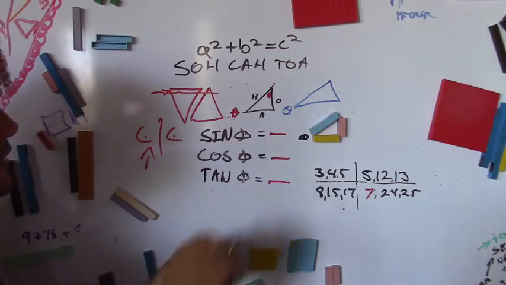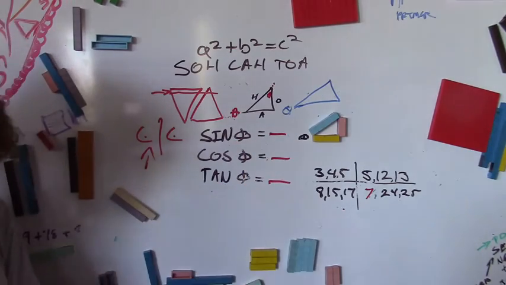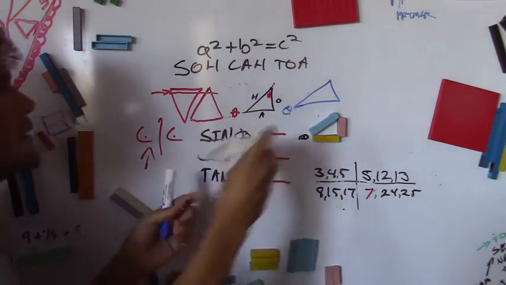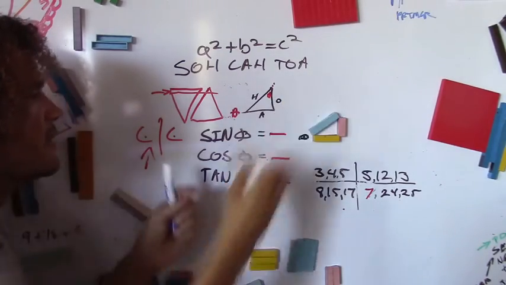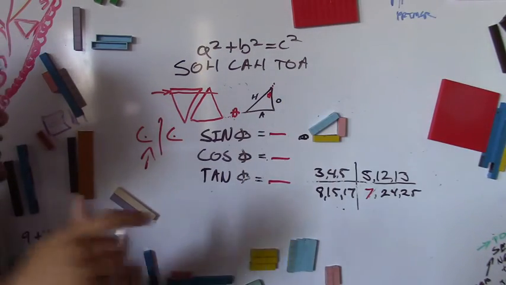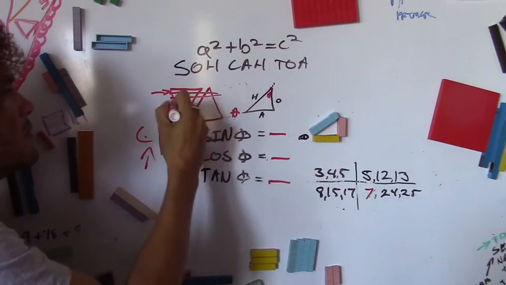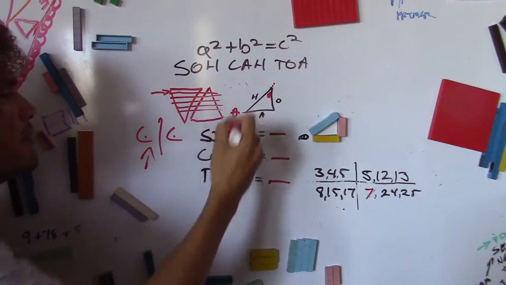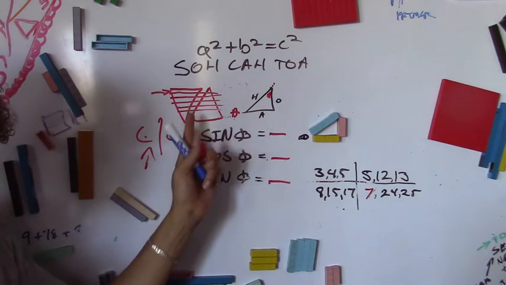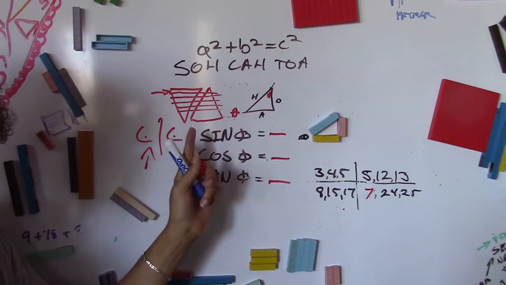So there's my theta, there's my theta. And let's make this triangle nicer. Now you see we've done some examples, we've done a few more, and the numbers are getting a little bit bigger. See where we are? Okay.